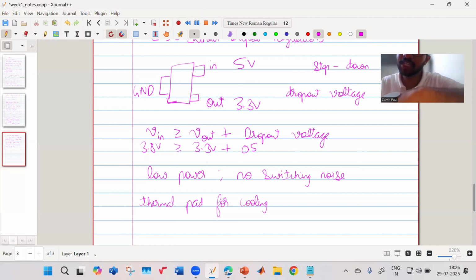And there we will keep some holes in the PCB. So the heat which is generated on the top of the PCB will go down via those holes and will get cooled. That is one method used for cooling the PCB when using an LDO or any other surface mounted components.